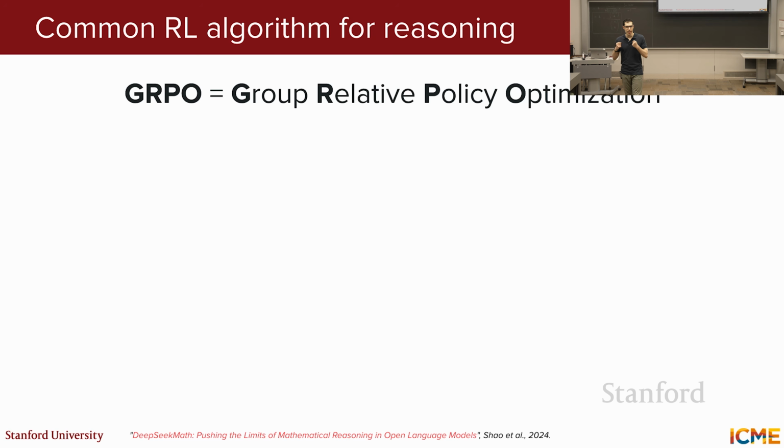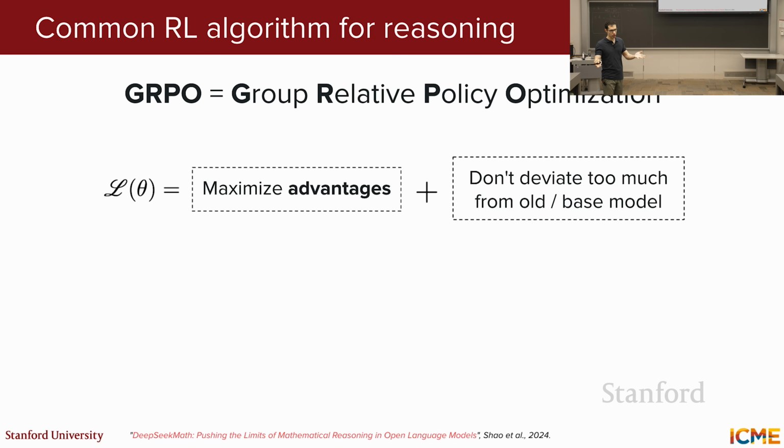It is an RL algorithm which, very much like PPO, aims to do the two things we talked about. The first one is to maximize advantages. If you remember, advantage is something that tells you whether what you're producing as an answer is better than what you would expect.